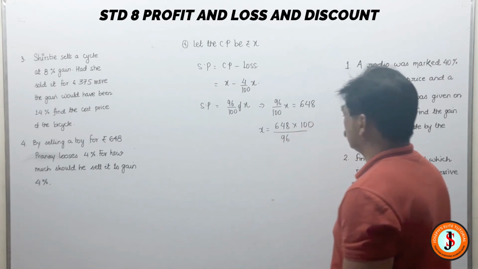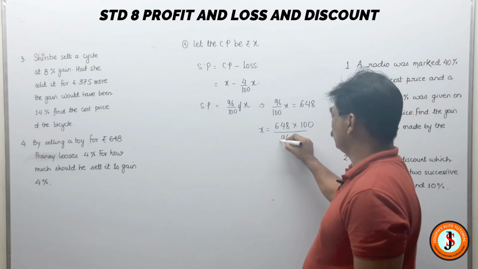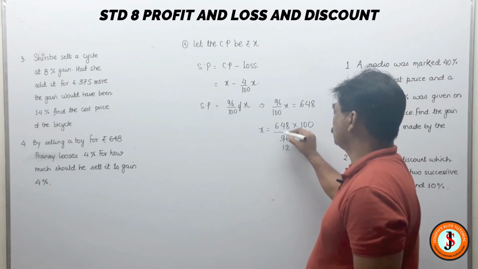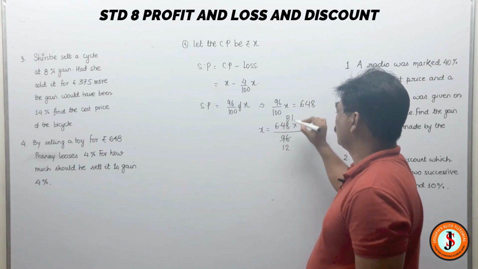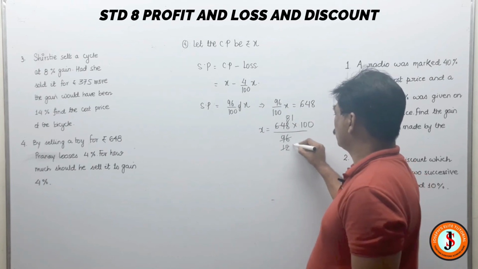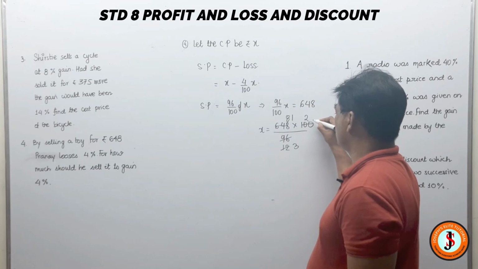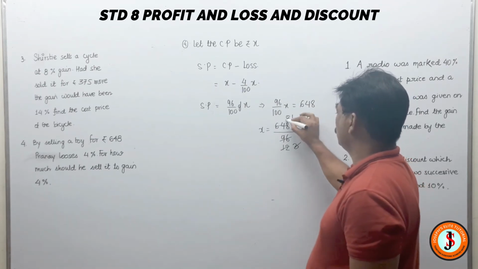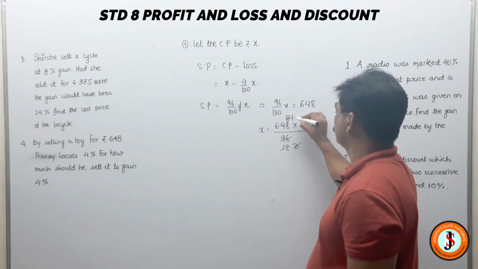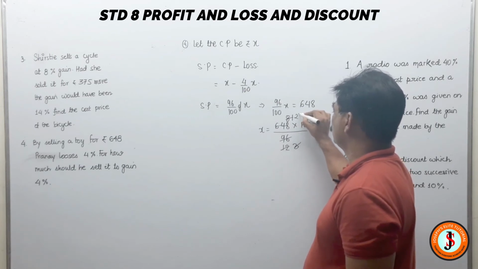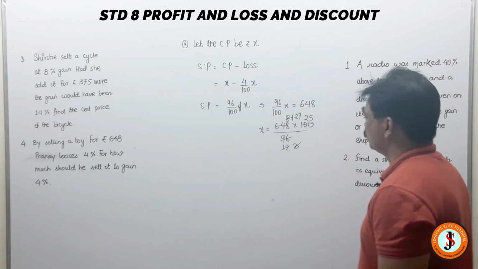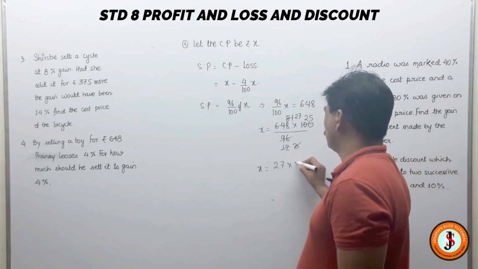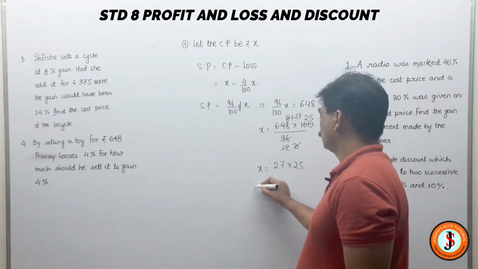Do we have some fast calculation we can do? Simplifying, 648 divided by 24 gives 27, so X is equal to 27 into 25. Now how much is that?